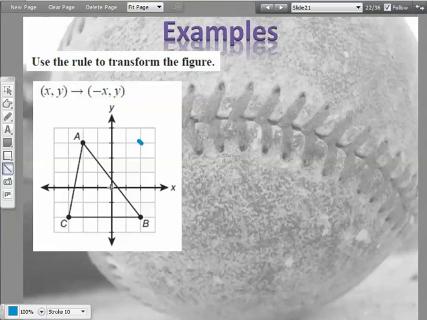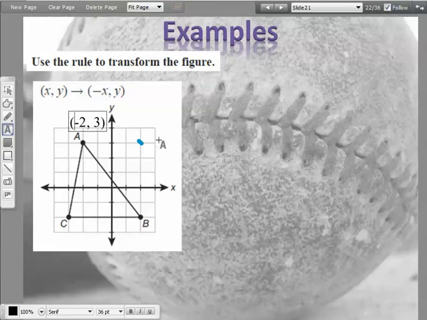Okay? So I'm going to go ahead and do these points up here this time. My x value was a -2, my y value was a +3, and I forgot to put parentheses over here.